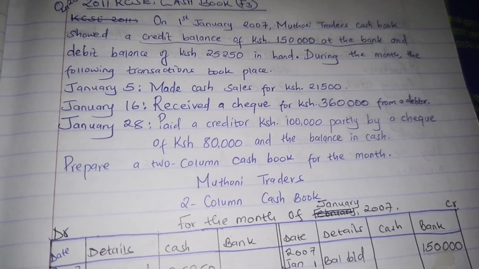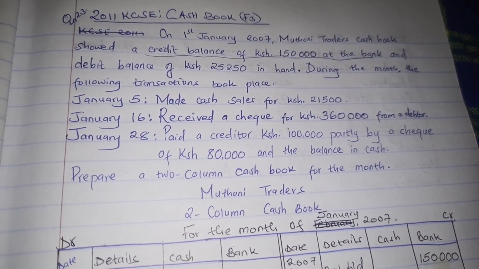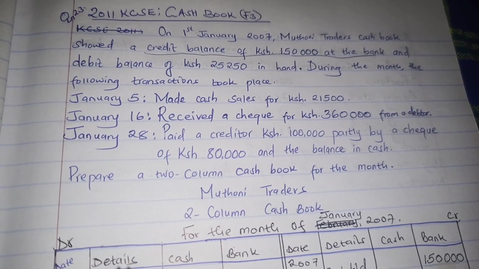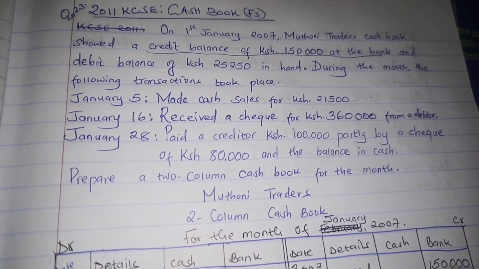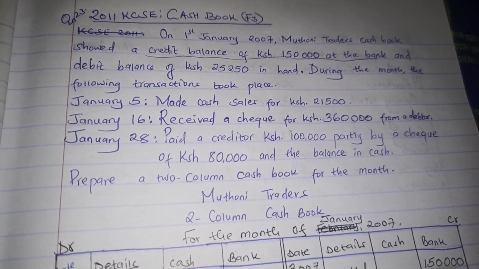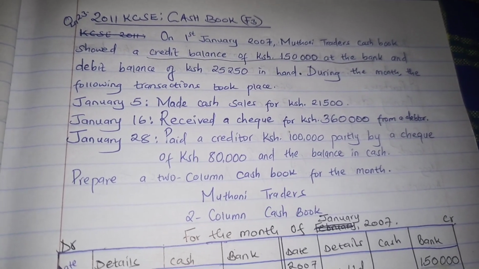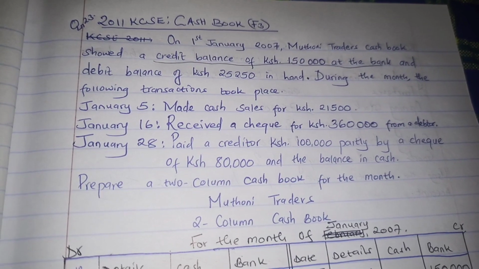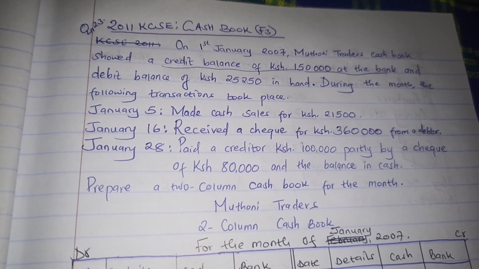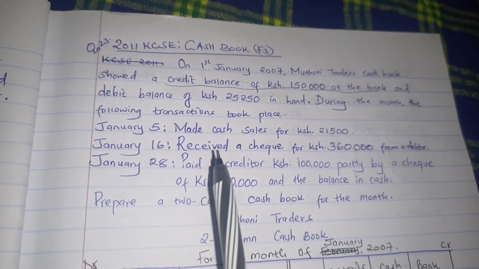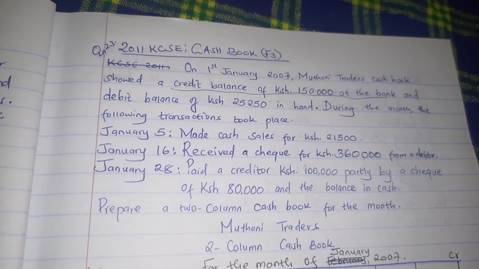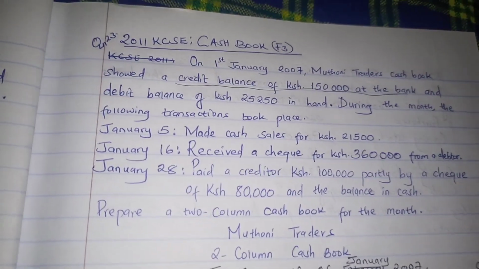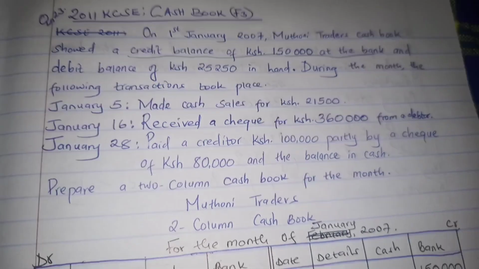So we move on to date 5, where we are told sales were made for 21,500. So this means that this person, after making sales, received some cash. Remember, in the cash book, we record money in, money out.